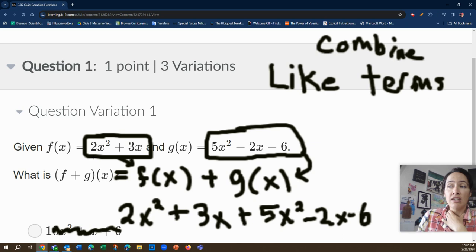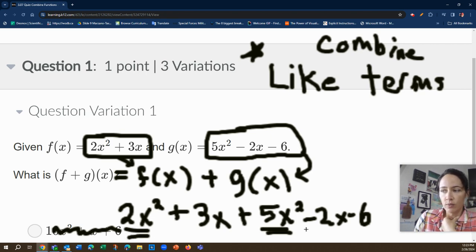And then you just add or subtract their coefficients. So there's a lot of vocabulary in there. Again, coefficients are just the numbers in front of the variables, and the variables are just the letters. And the exponents are the little number that tell you how many times that variable is being multiplied by itself. Search what is an exponent, how do they work in variables, or combine like term videos if you need some more support. 2x squared plus 5x squared.